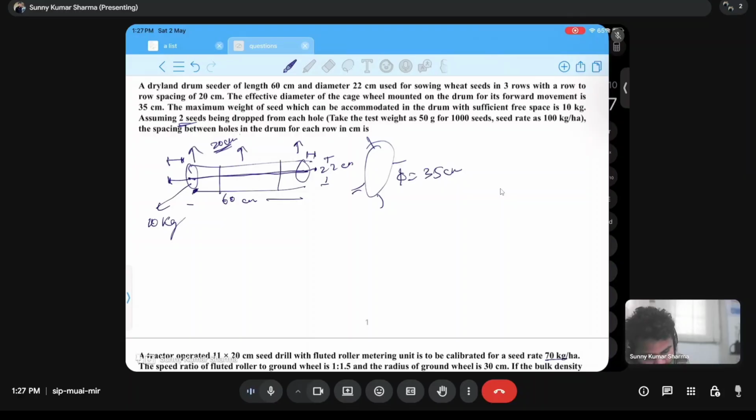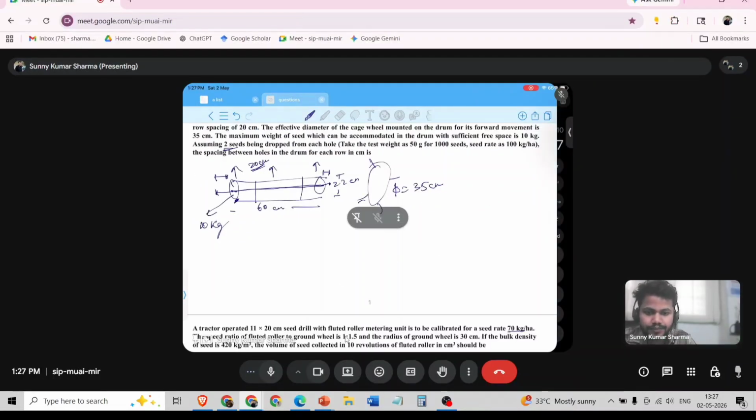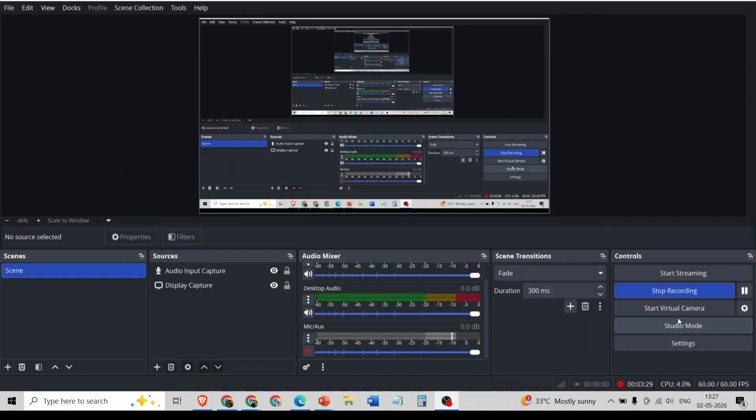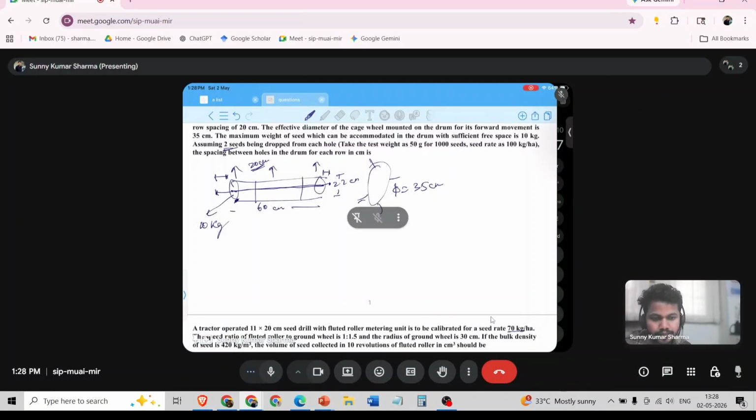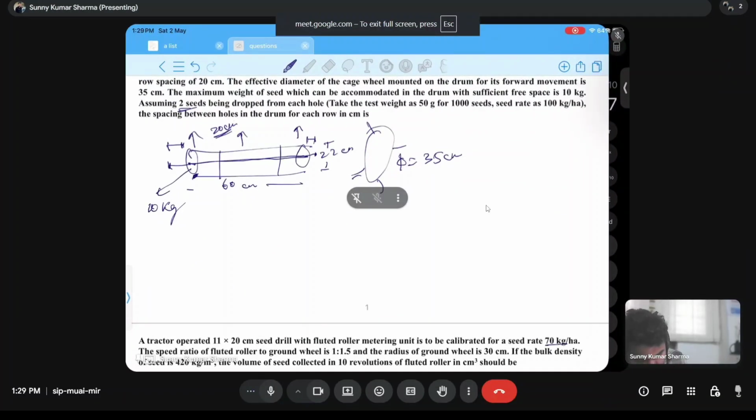The spacing between the holes in the drum for each row, in centimeter, will be... So 2 seeds are being dropped from each hole.